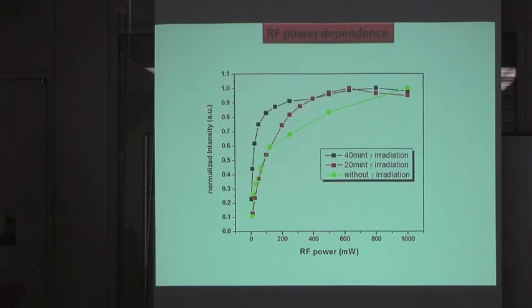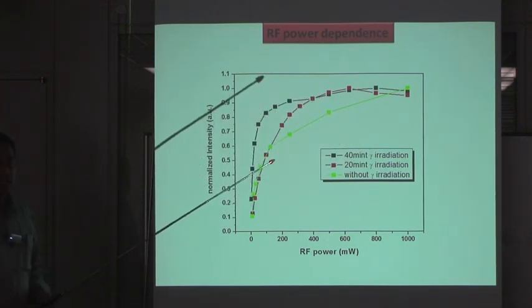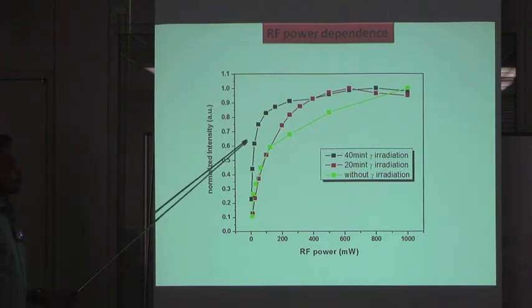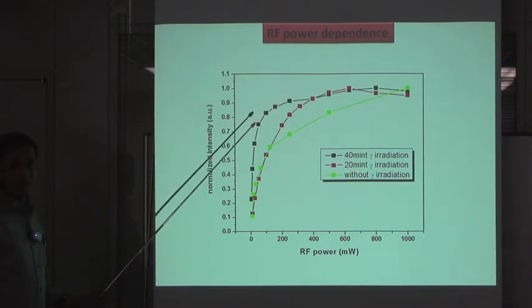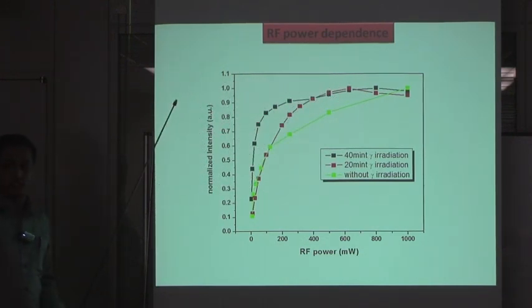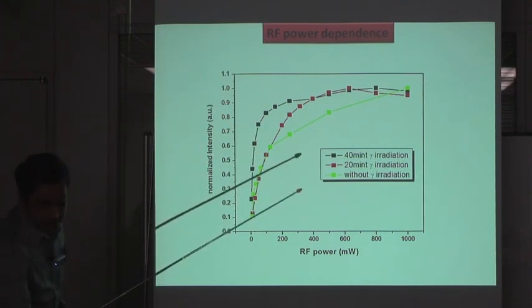There is a paper which reports that the T2 time is affected if you remove the oxide layer, that is, the paramagnetic centers. So if T2 time has any contribution, that could also lead to a faster saturation. Still, it has to be studied in a proper way.